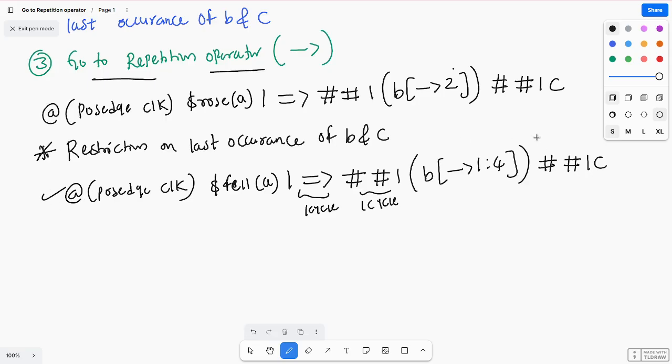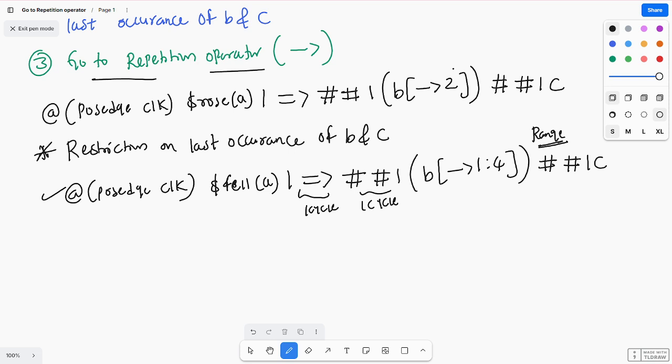Range, this is range. By range we need to include. Did you understand the difference between non-consecutive and go-to repetition operator? Take one example and try.